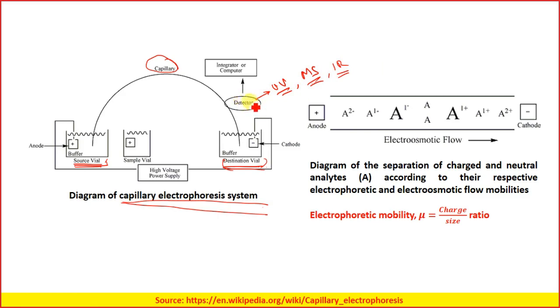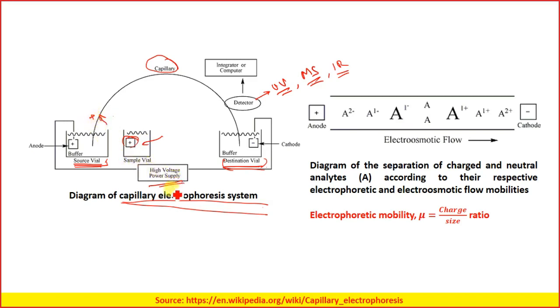Now what happens over here is that when you apply this voltage, suppose you have cations in the sample vial. You have injected these cations over here.